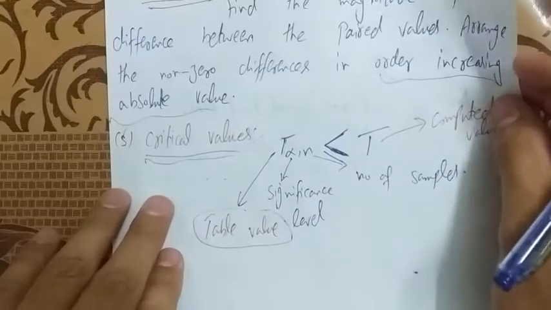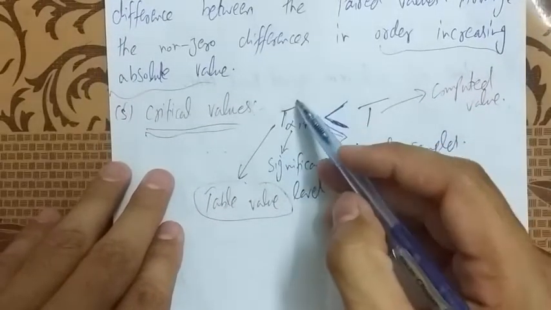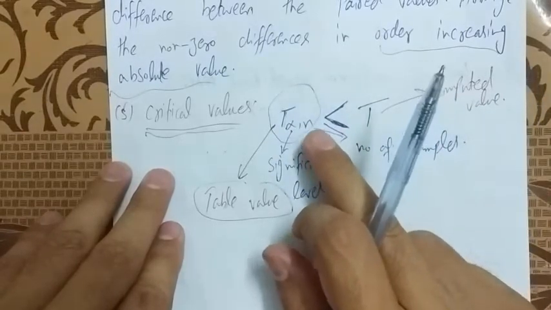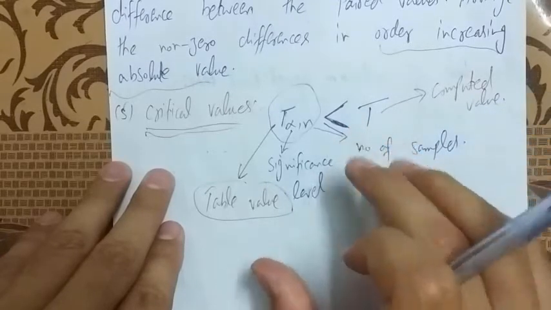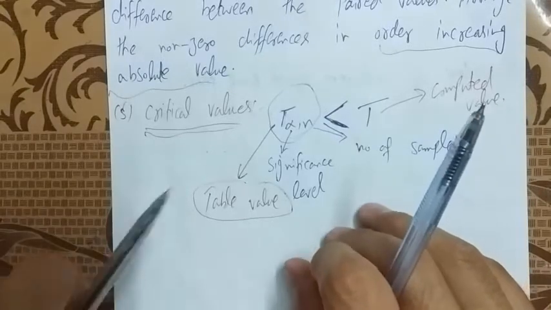So in the fifth step, you find out the critical values, meaning the table values, and decide. In this step either we accept the null hypothesis or reject it.